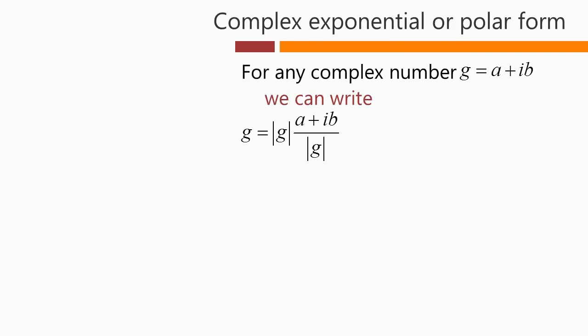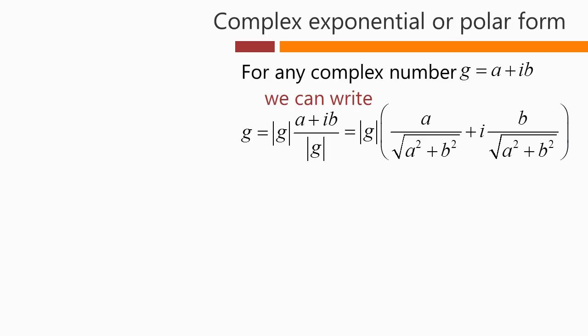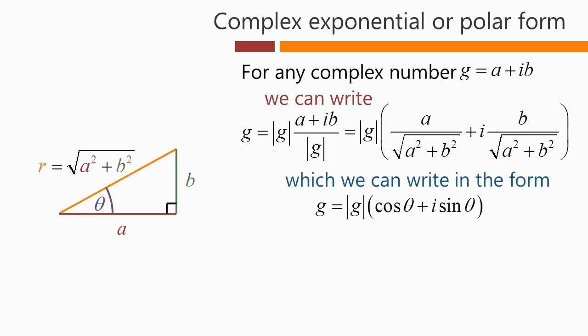Now, for any complex number a plus ib, we can trivially multiply top and bottom lines by the modulus of z if we want to, which means that since we know the modulus of z is the square root of a squared plus b squared, we can write any complex number as its modulus times this term and this term here. But of course, we recognize those as cos theta and sine theta.